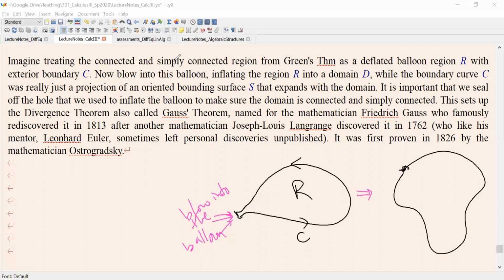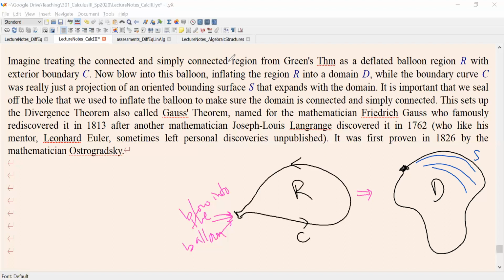And instead of being a region, we now have a domain. And on that domain, we have a surface S. And it has an outer surface and an inner surface.